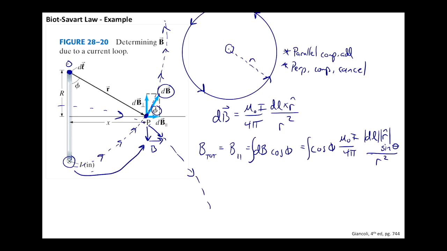What is the angle between dl and r in this problem? What's that? It is 90. Why is it 90? Do you see it up here anywhere? So if we go back to our diagram, we could say that the r hat vector points in that direction, and dl is perpendicular to the screen.